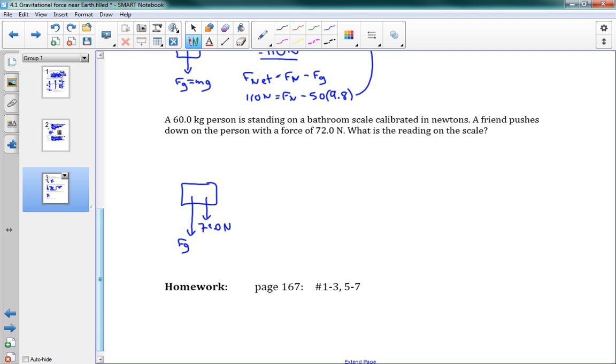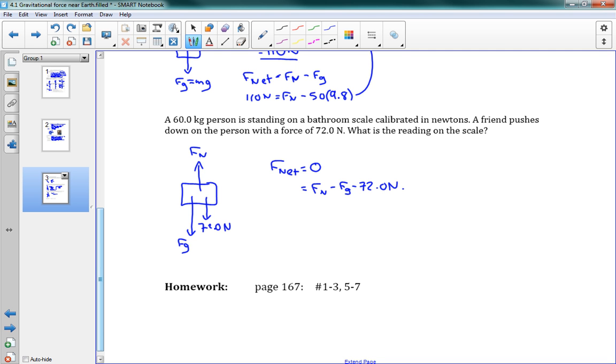So if I want to find out the normal force here, well, this person isn't going up or going down. They're standing perfectly still on this bathroom scale. So it means that the normal force has to balance those others out. So we've got F net equals 0, which is equal to my normal force minus Fg minus 72.0 newtons.